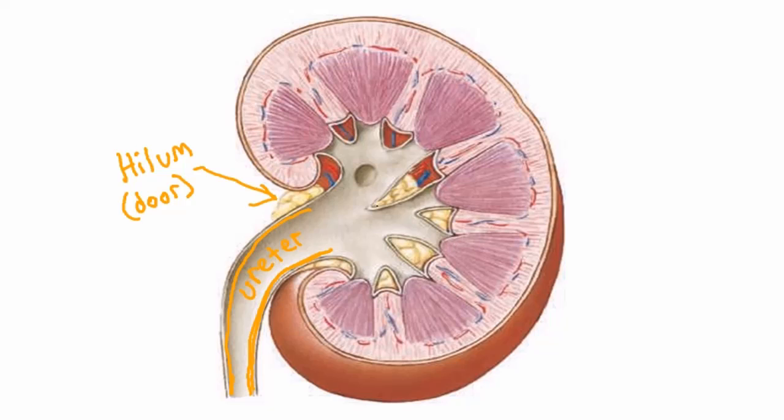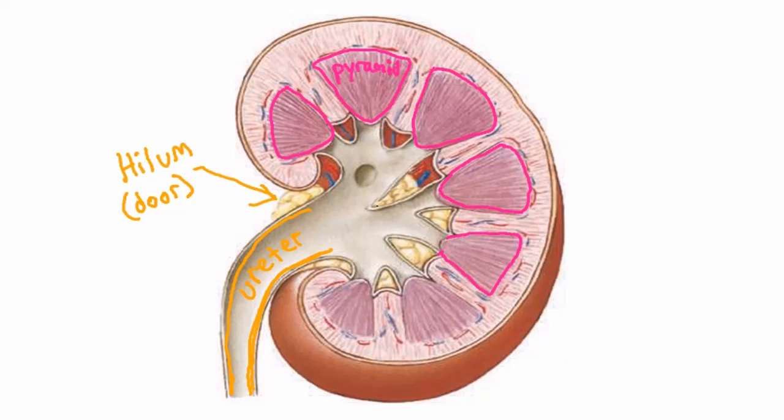And then these pink triangles, there's a triangle, there's a triangle. These pink triangles are all called pyramids. Here's a pyramid, here's a pyramid, and inside the pyramid, that's where the urine really gets made.